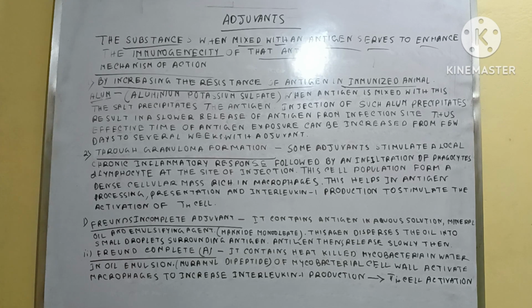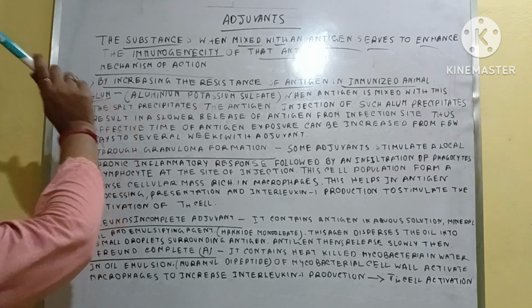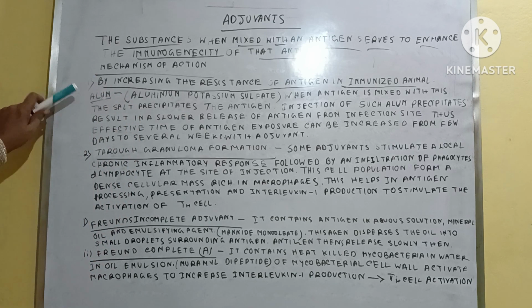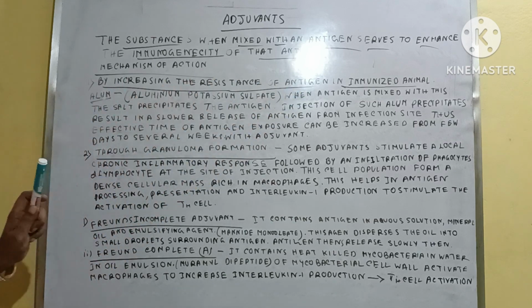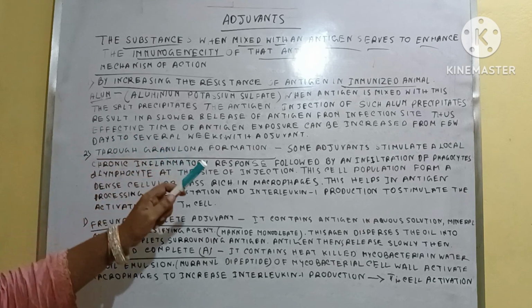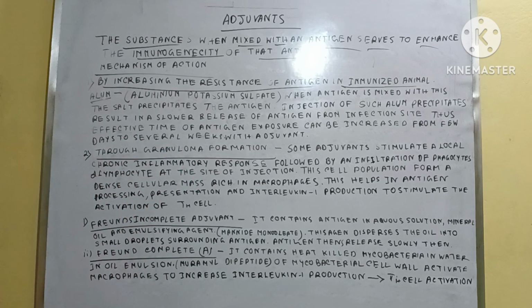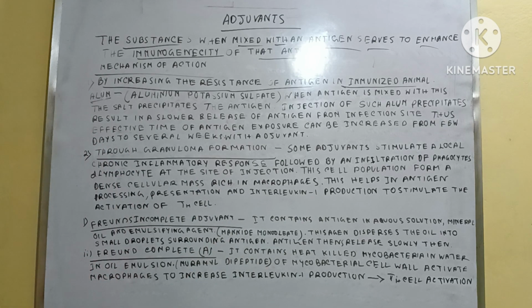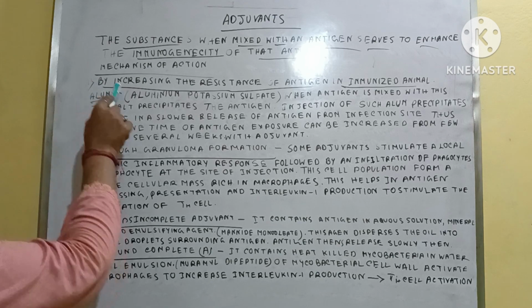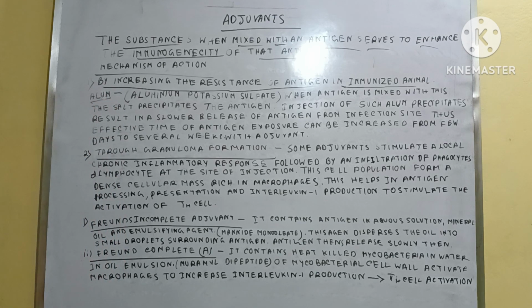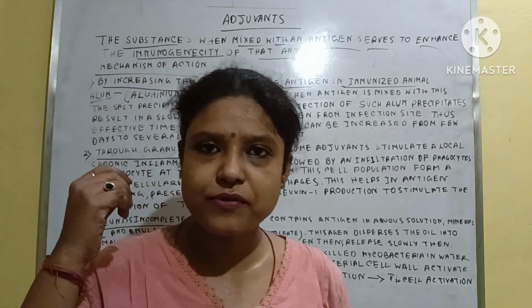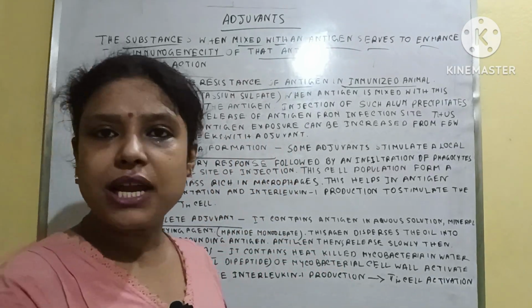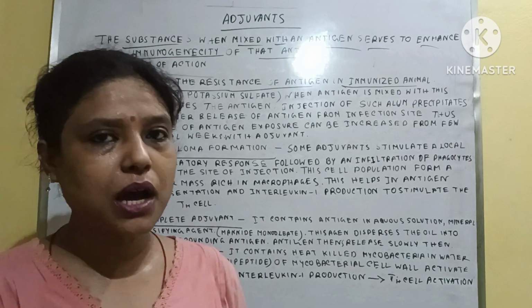This is the type of adjuvant use. The first one is alum, one kind of adjuvant, which is mixed with the antigen. What is the role of alum? It precipitates the antigen. After precipitation, the alum with the precipitated antigen is injected into the host body. Generally, after entering, the antigen spreads rapidly in the body.